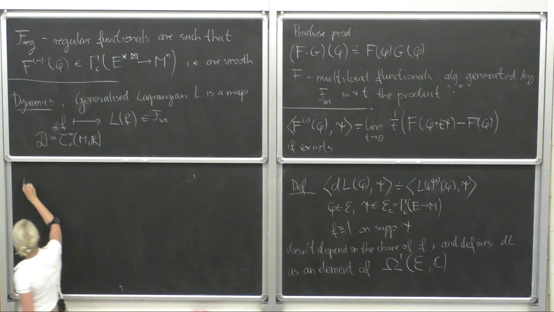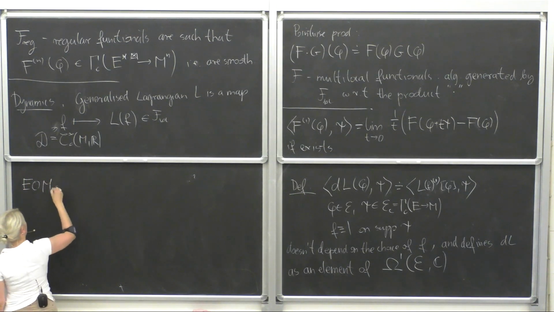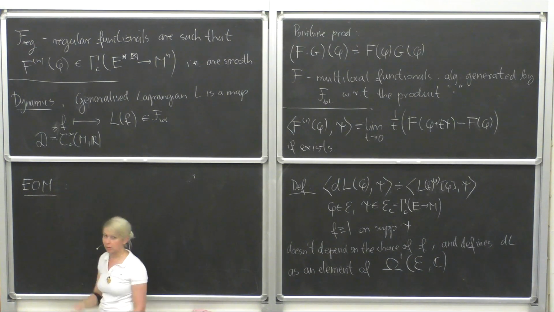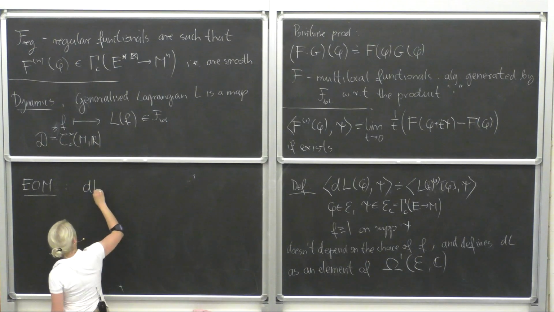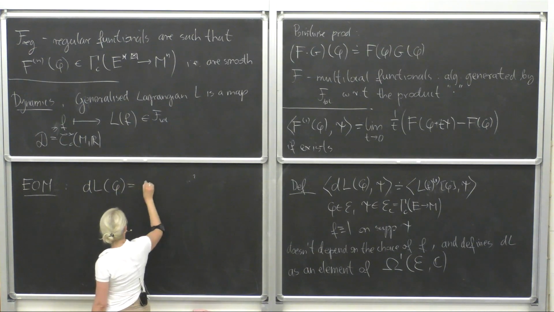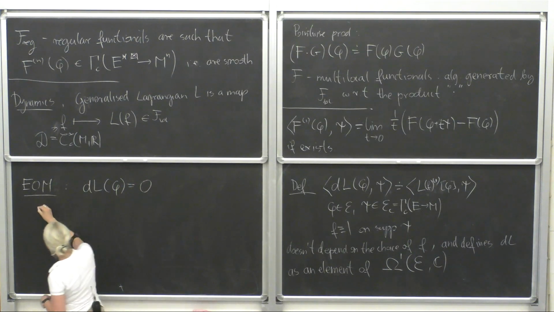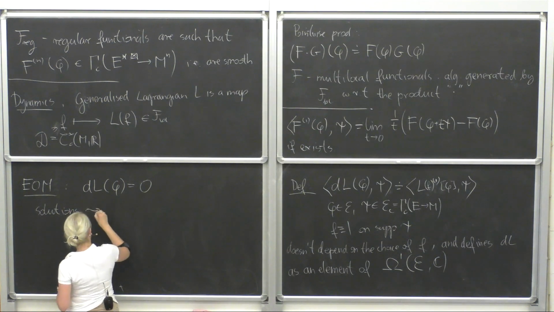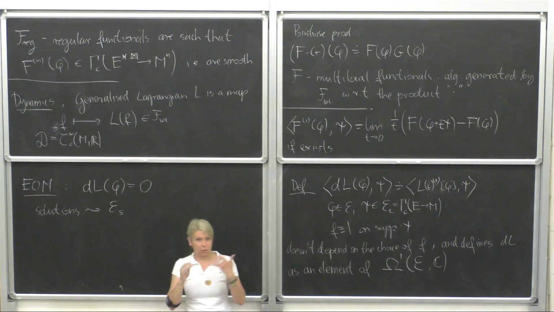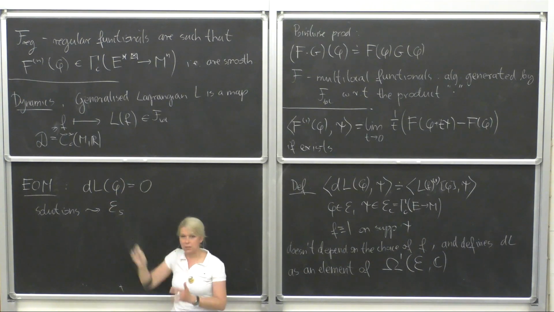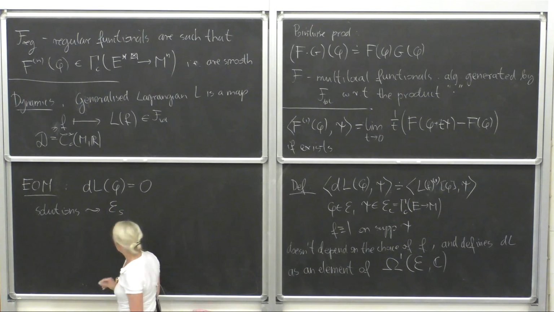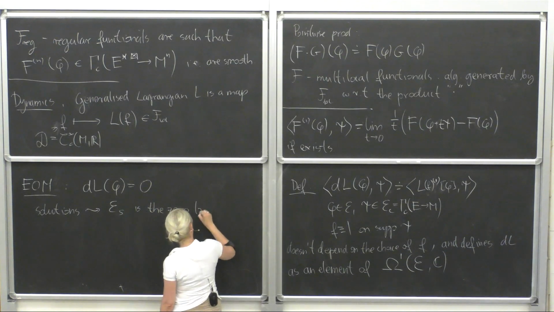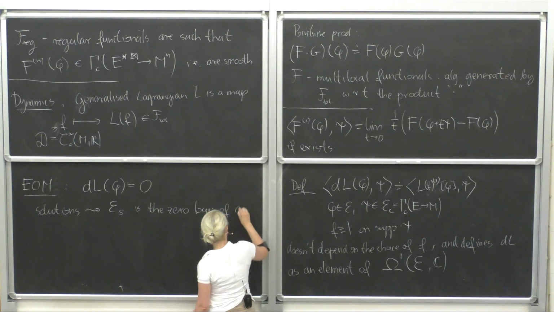Actually there's just one equation, unless we write it in components, but we don't have to. It is dL of phi equals 0. The solutions form the space E_S, which by definition is the zero locus of dL.